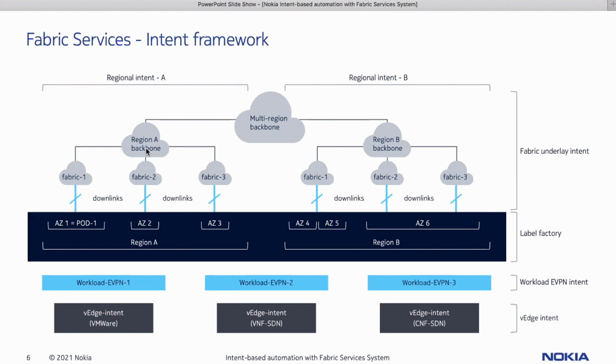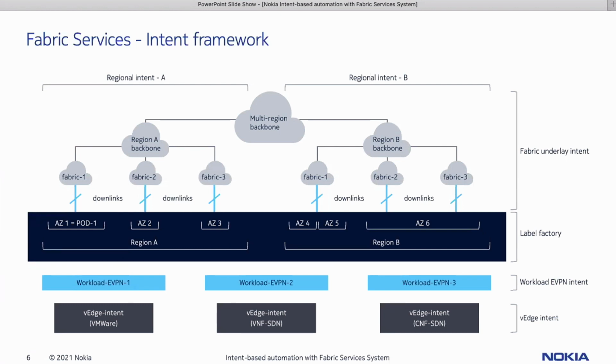And once these fabrics are built, to onboard an application, it could be a monolithic app or a highly distributed application, the applications basically need a layer 2 or layer 3 connectivity, right? We express all those connectivity requirements in something called workload EVPN intent. And once these connectivity aspects are taken care of, we also want to do a very tight integration with the surrounding compute.